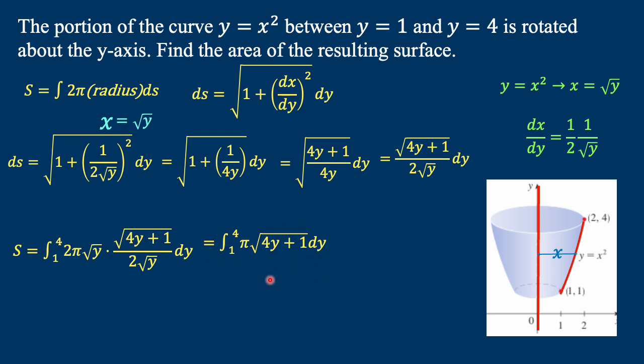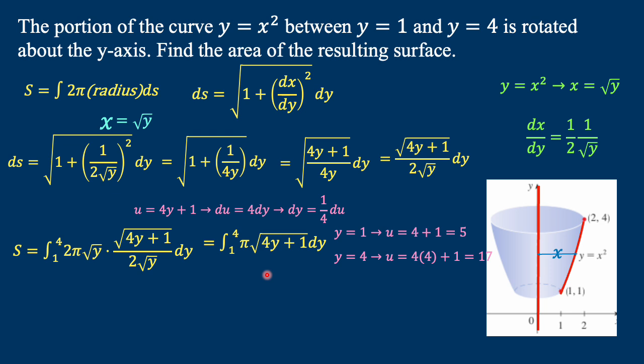How are we going to evaluate this function? What integral technique do you have to use? You use u-substitution. What is u? u is 4y plus 1, du is 4 dy, so dy is 1 over 4 du. Also, you substitute the limits. When y equals 1, u equals 5, and when y equals 4, u equals 17. So the integral changes: pi over 4, take the pi out in front of the integration, and the 1 over 4 is right there.